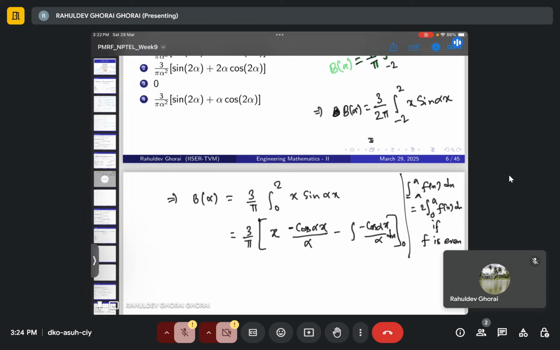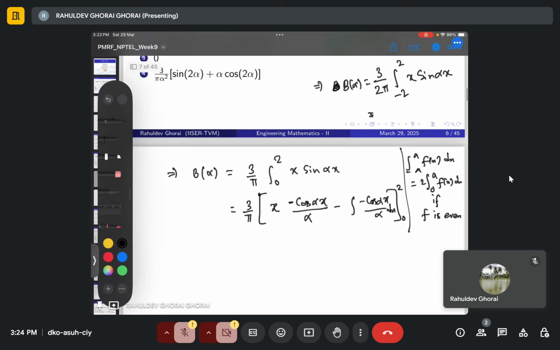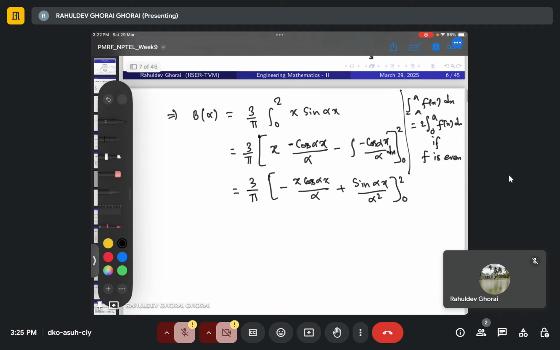The limits I will take from 0 to 2. So that is equal to 3 over pi, minus x cos alpha x over alpha plus sine alpha x over alpha square, from 0 to 2. That will be equal to 3 over pi.